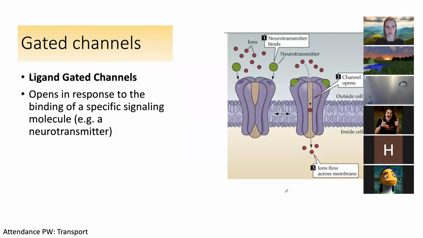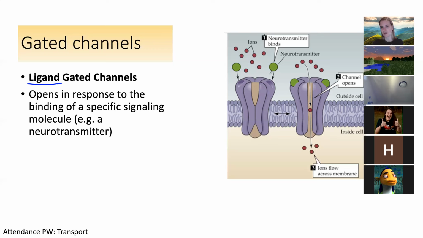The second type has a funny name, but again, it's gated, and they're called ligands. A ligand is a very general term used to describe any type of molecule that binds to a protein in this case, and basically, this is going to act like a key. This particular molecule will bind to the actual protein carrier or channel and open or close it.